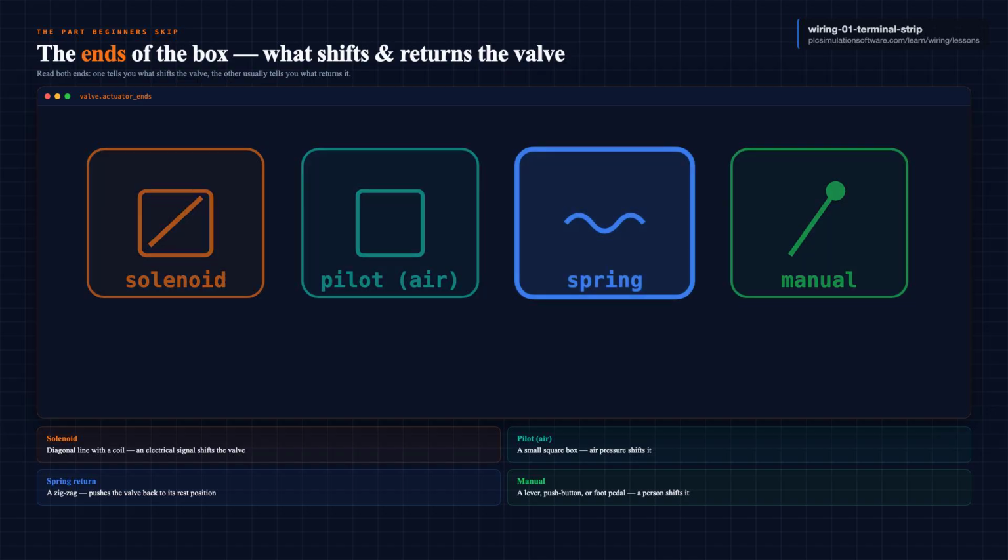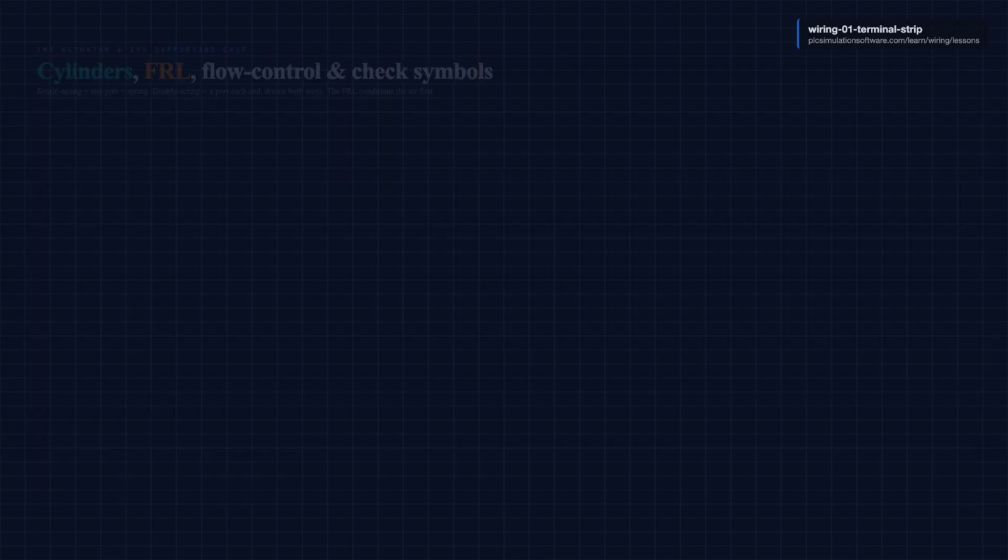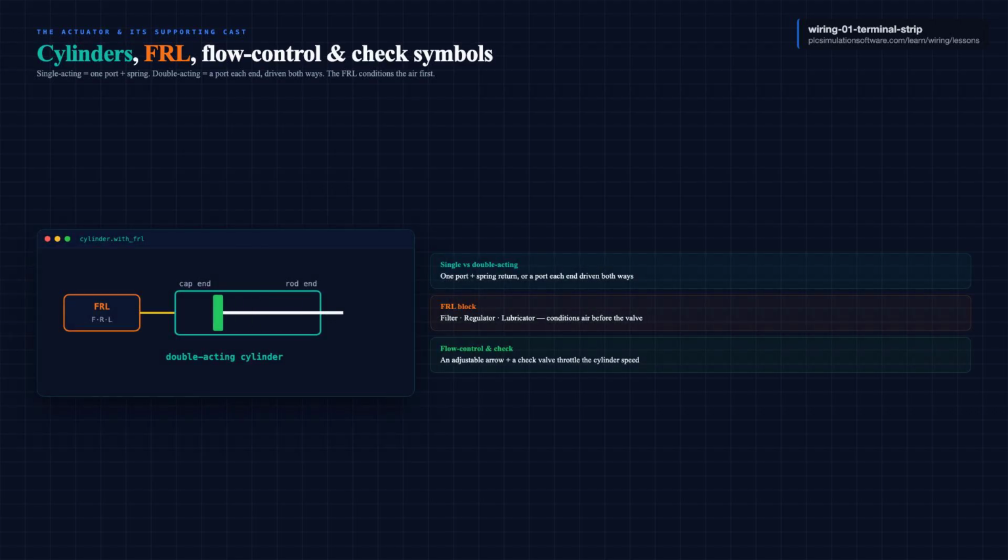Next, the actuator the valve is driving, usually a cylinder. A single-acting cylinder is drawn with one air port and a spring inside. Air extends it, the spring returns it. A double-acting cylinder has a port at each end and is driven both ways by air. Then the support symbols. There is the supply line and the exhausts venting to atmosphere.